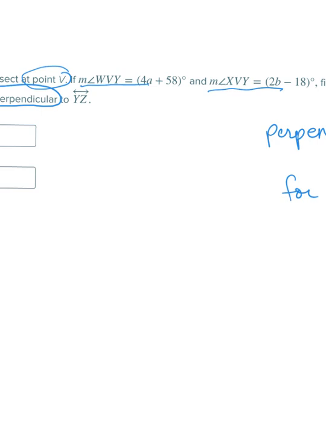So when I draw my diagram, what I'm going to have is a right angle. And I can label, it doesn't matter which line you label WX and which line you label YZ.